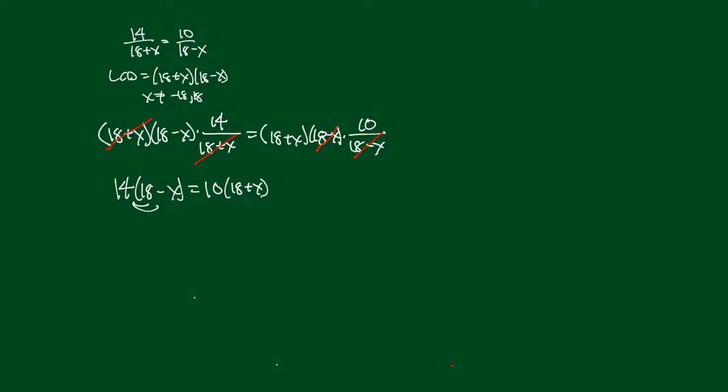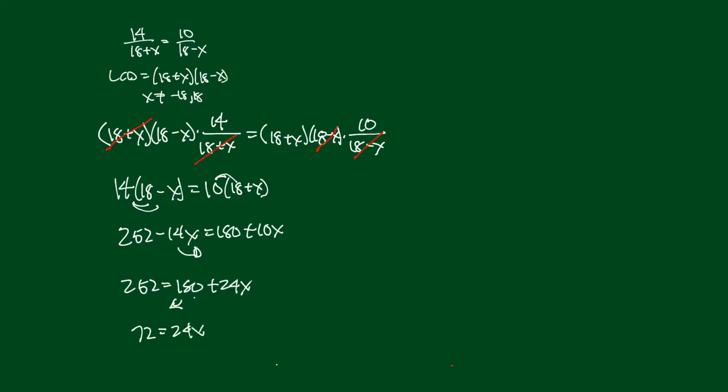On my calculator, I found 14 times 18 is 252 minus 14x equals 180 plus 10x. Why don't we add 14x to each side? So we'll get 252 is equal to 180 plus 24x. And then I'm going to subtract the 180. So 252 minus 180 is 72 equals 24x.